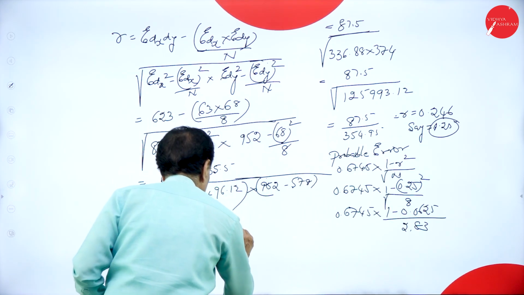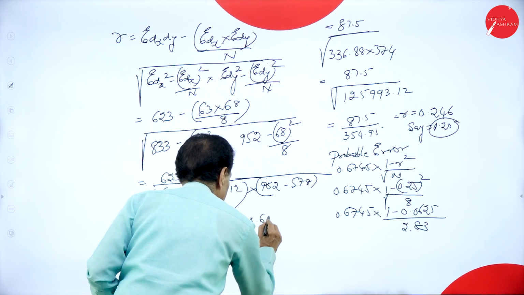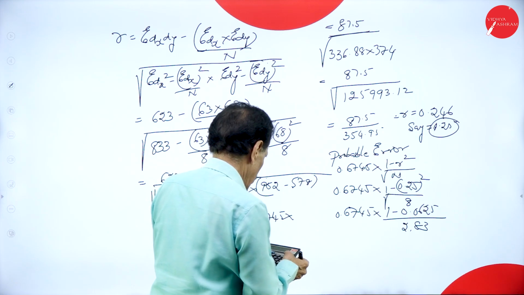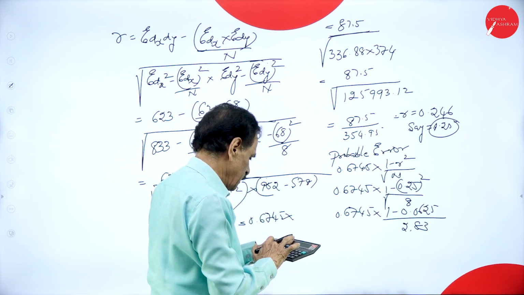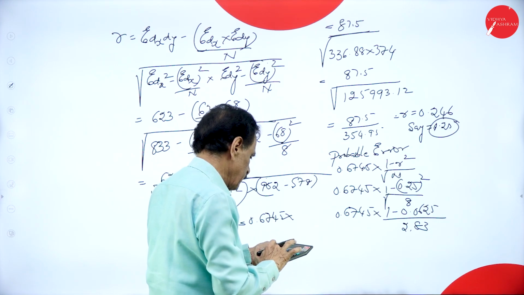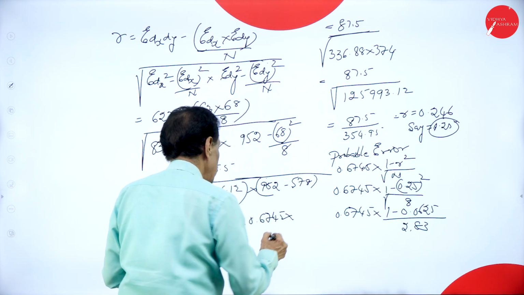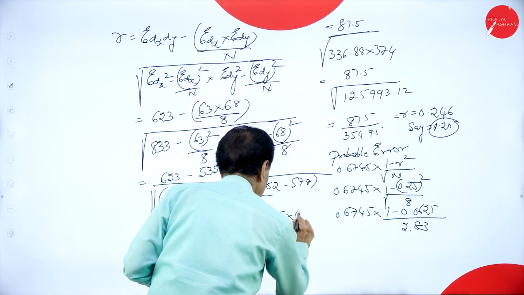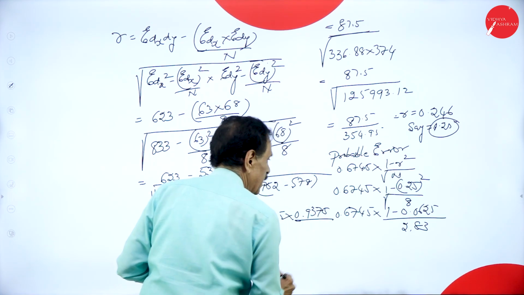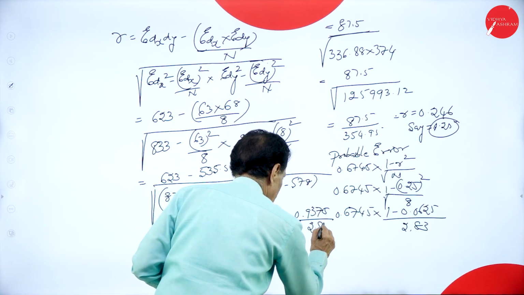Simplify: 0.6745 into 1 minus 0.0625, which is equal to 0.9375, divided by 2.83.